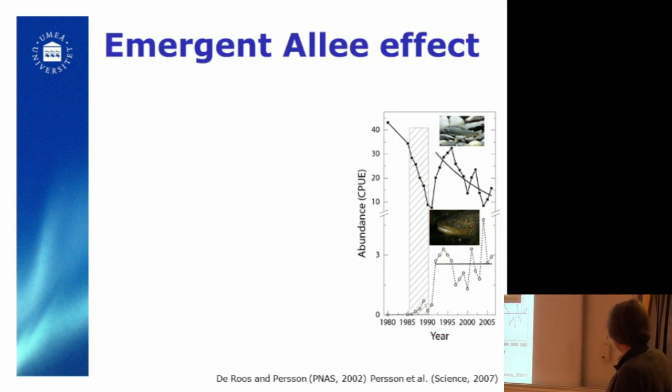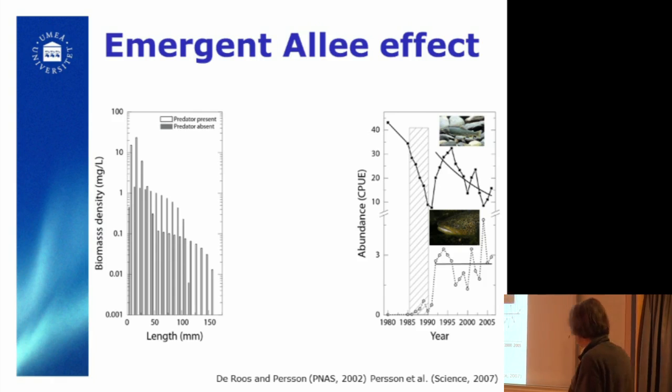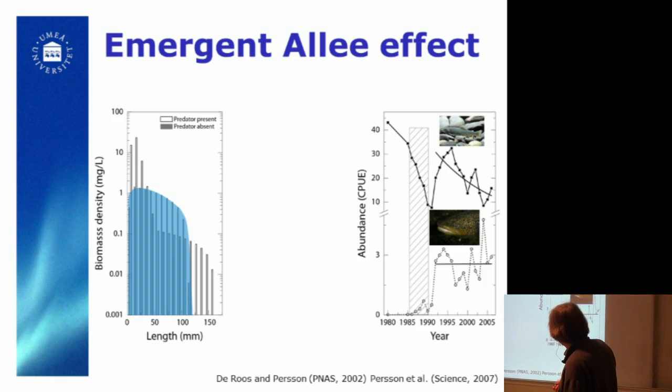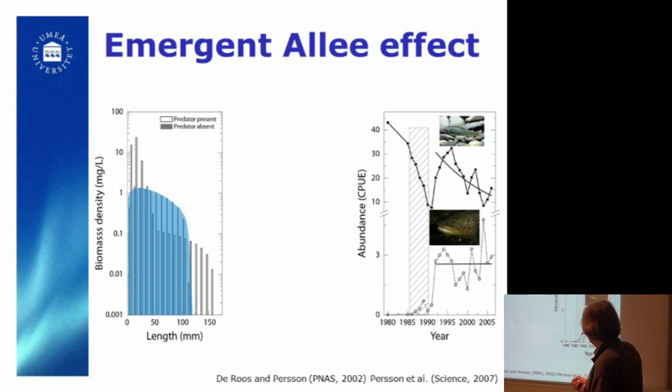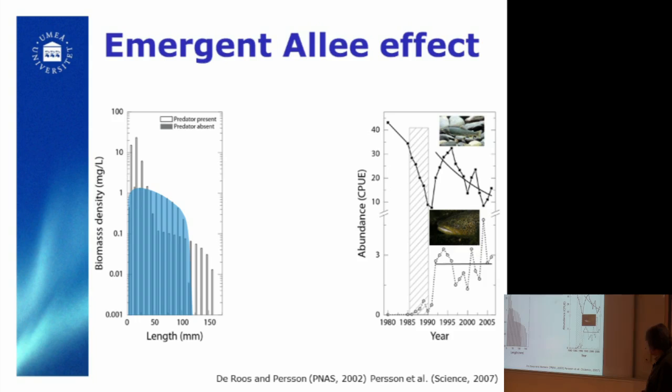We can look at whether this is a result of the mechanism I proposed here, the Mergerdell effect, by looking at a fully size-tracking model which shows the size distribution of the consumer, the Arctic char, in the absence of a predator, the gray bars here. They don't get very large because, as is well known, competition is so high.